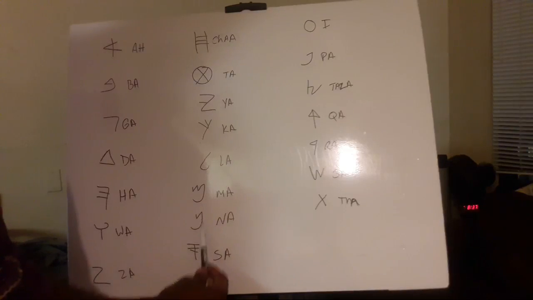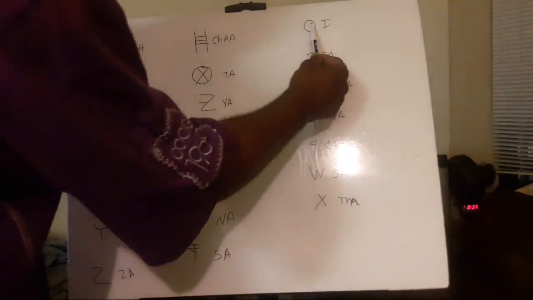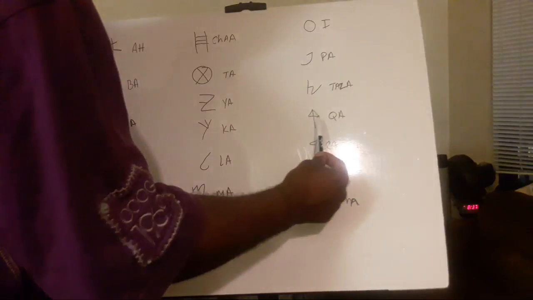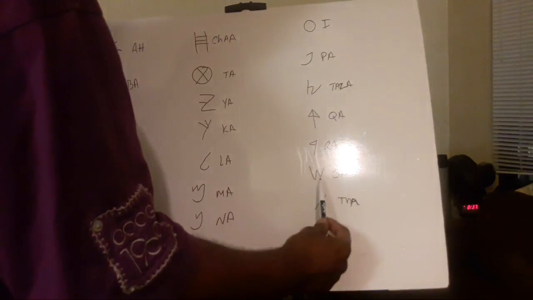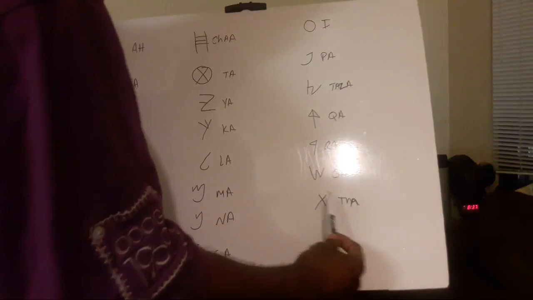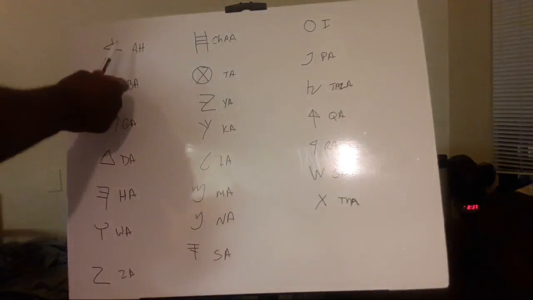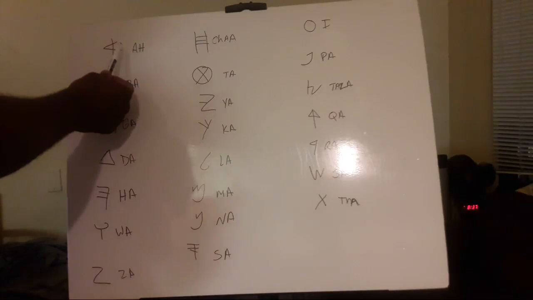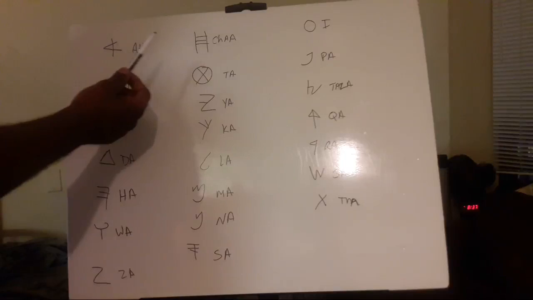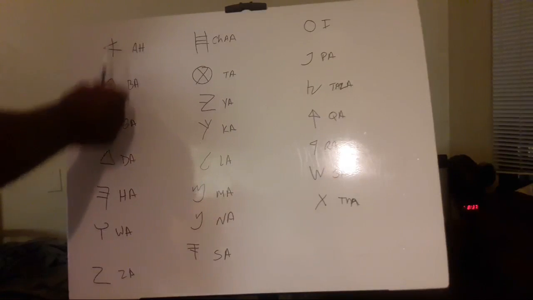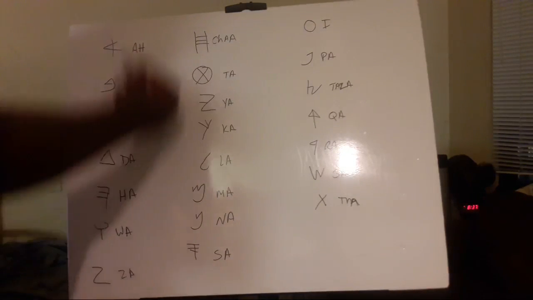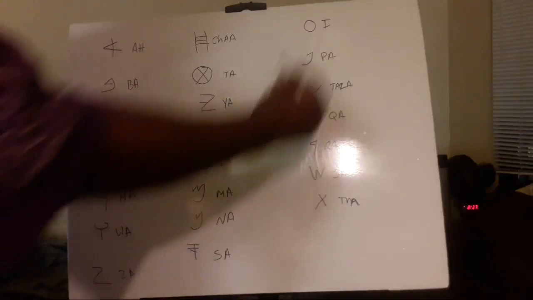Ma, na, sa, I. Pa, taza, kwa, ra, sha, tha. And that's the alphabet, or alat bayat, or the Abba. The alphabet just basically means A and B. It's basically what it's saying. So these are the basic characters for the Paleo Hebrew.